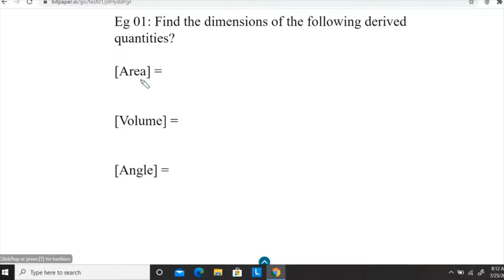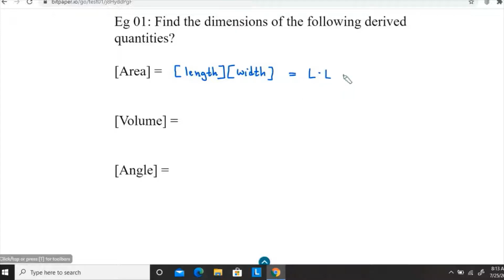As you know, area is length times width. So I'm going to write, it's going to be the dimensions of length multiplied by the dimensions of width. Now the dimensions of length is L. Dimensions of width is again L because it's a length, it's a certain distance.